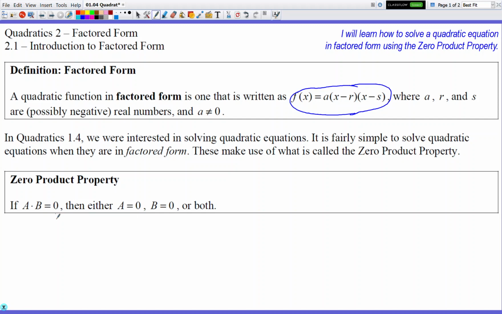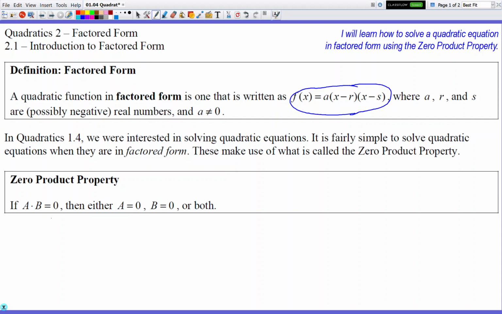In this case, both of them could be 0 also, but at the very least somebody has to be a 0 if you're going to get a 0 for an answer to a multiplication problem. That's what the zero product property talks about.